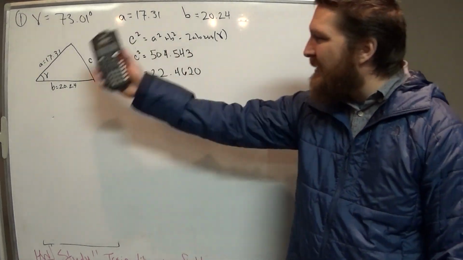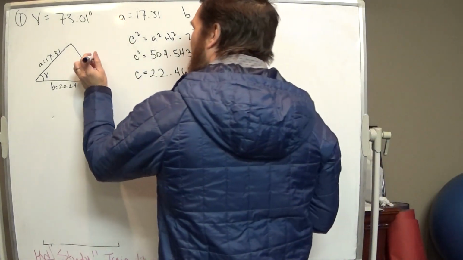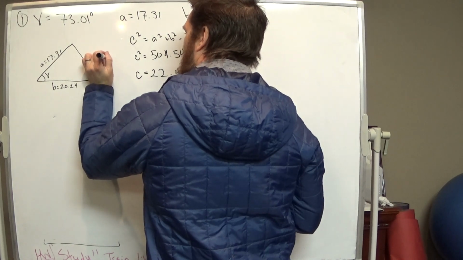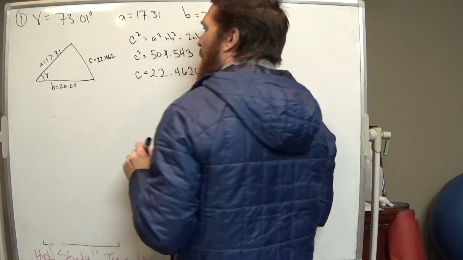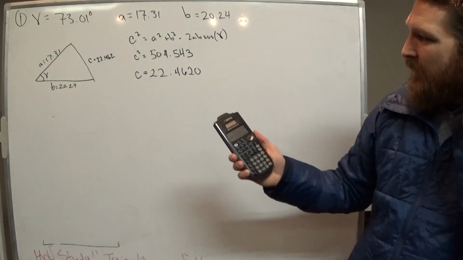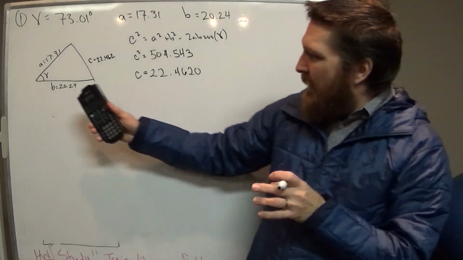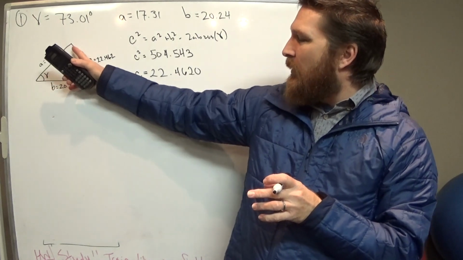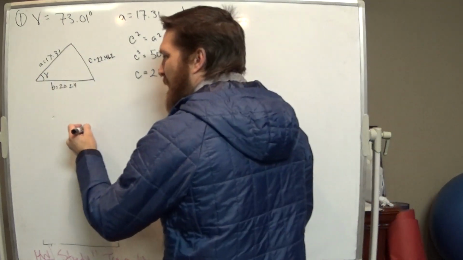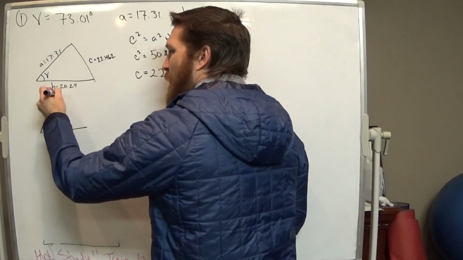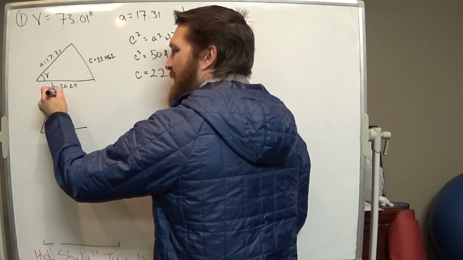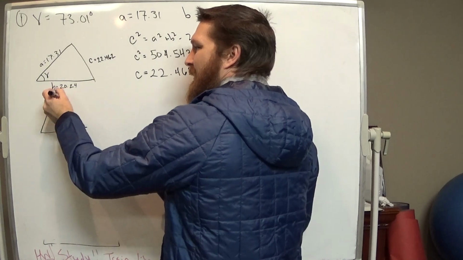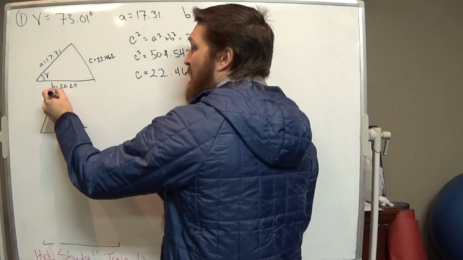Well, we have 3 sides, and I could just kind of tell here. 22.462. I can kind of tell, just by the way I've drawn this, that yeah, if this is 20.24 and that's 17.31, and really it's going to be a little bit higher. It's going to look something more like this. You can't really have an obtuse case since these are almost the same size. Like, I don't know, actually maybe you could.